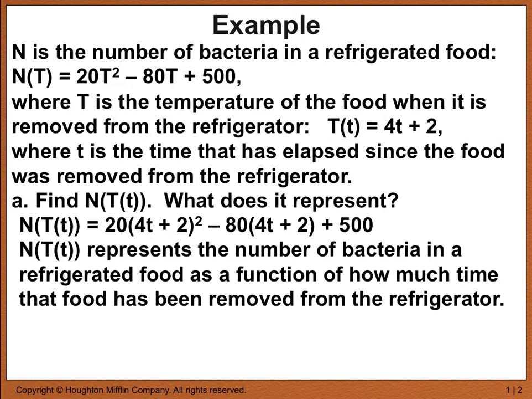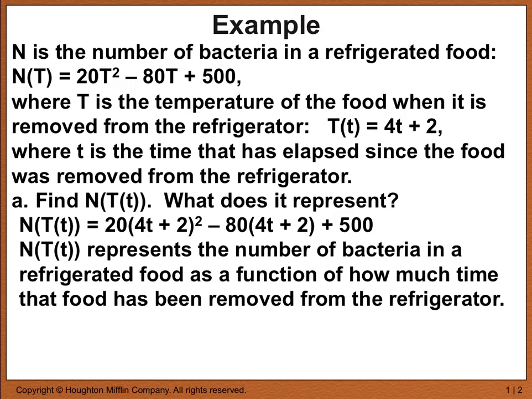Now what does it represent? It represents the number of bacteria in a refrigerated food as a function of how much time that food has been removed from the refrigerator. So you see what we did is we put the two things together. We're basically combining the functions.